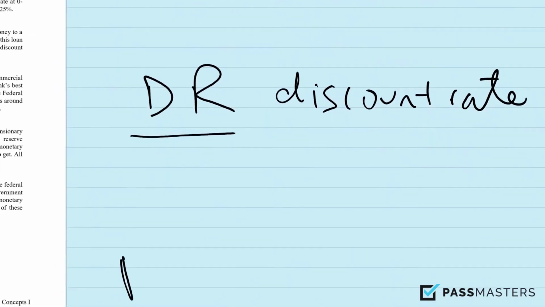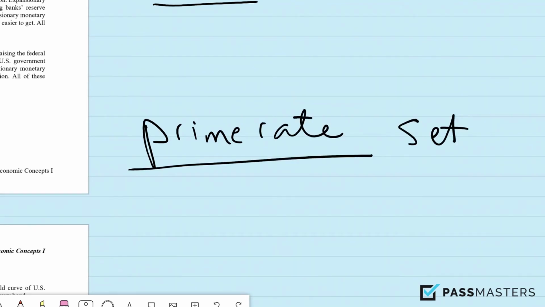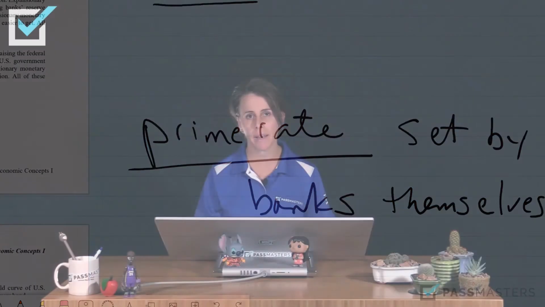And the rate that a commercial bank's best customer would pay for a loan is called the prime rate. The prime rate is set by banks themselves. It varies by region, it varies by bank. It is changed in accordance with changes in the discount rate and federal funds rate, but prime is not set by the Federal Reserve.